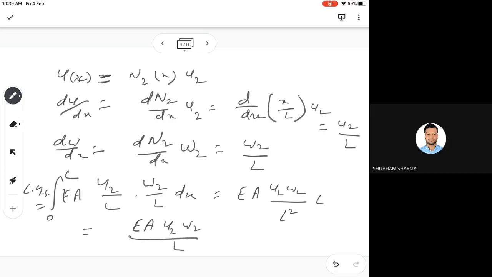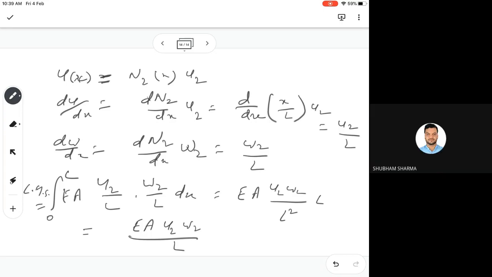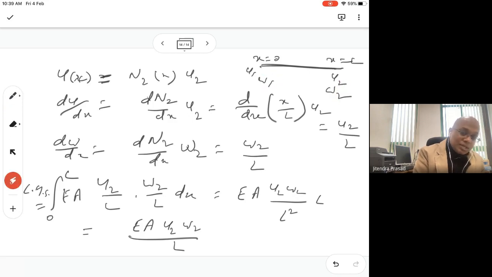Sir, these values of u and w are for x equal to 0? No. See here, this is x equal to 0, x equal to L. At x equal to 0 you have u1, and at x equal to L you have u2, right? Then w1 and w2 are the values of w.